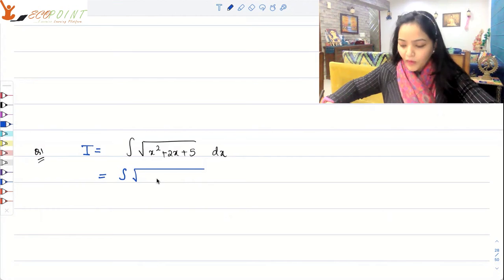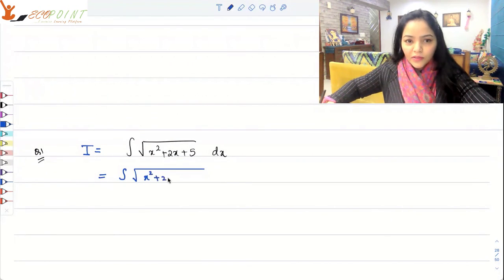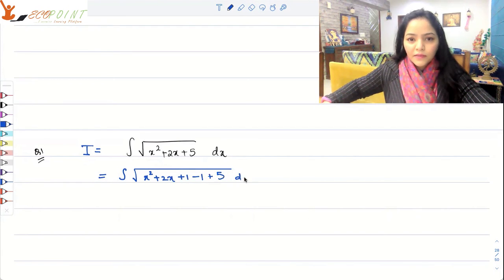Since you have x squared plus 2x, you can just add and subtract 1, plus 5 dx.